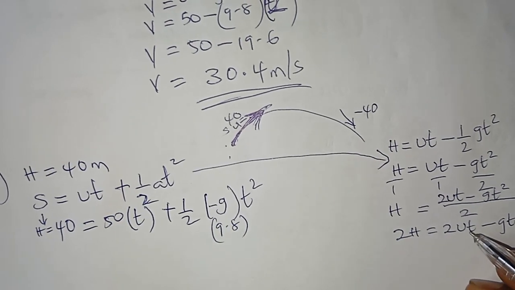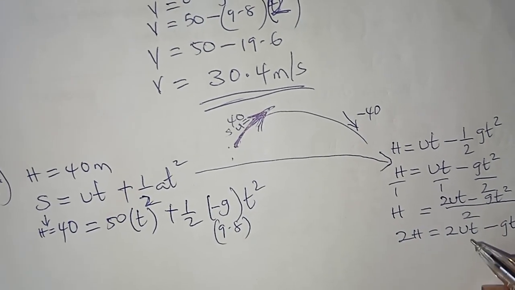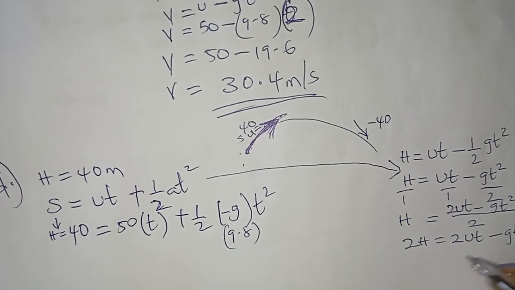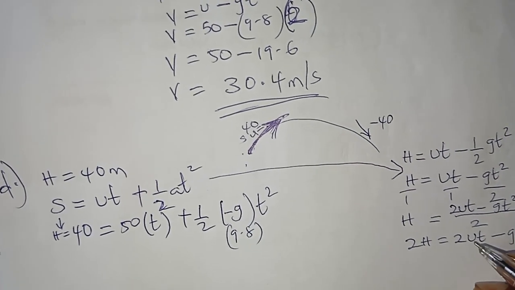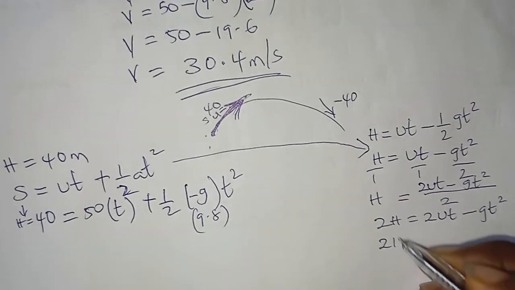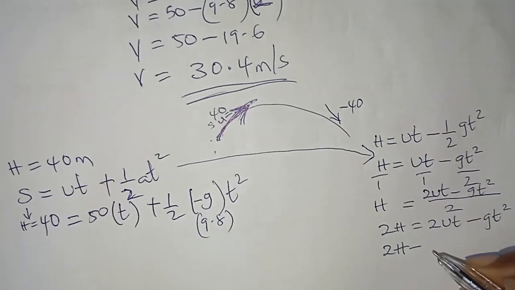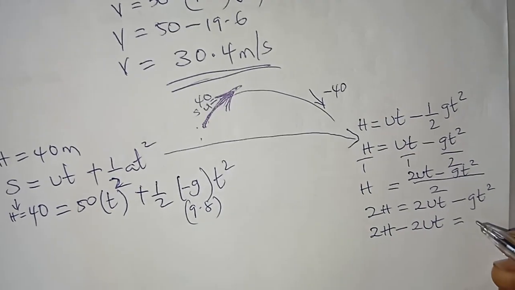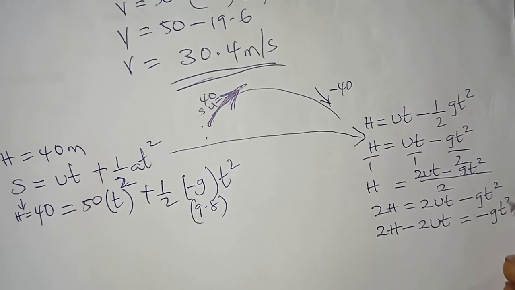If I take this across the equality sign, let the ones with 2 come together. So I have 2h minus 2ut equals minus gt squared.